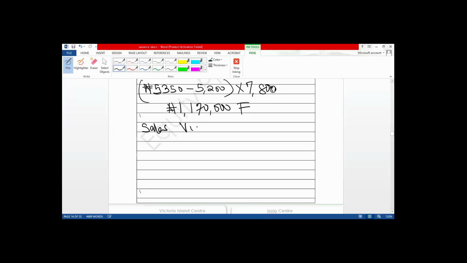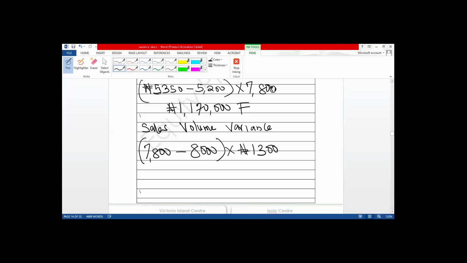Sales volume variance. Actual quantity sold, 7,800. Budgeted quantity, 8,000. Multiplied by the standard profits, 1,300.